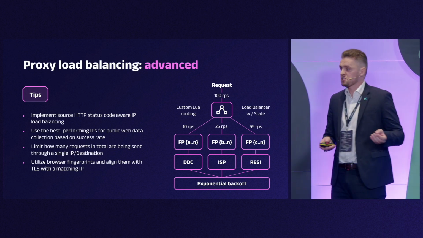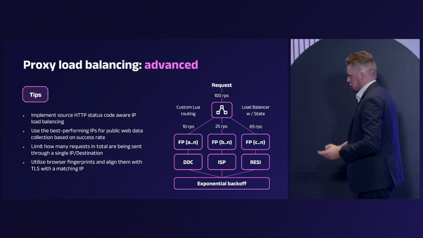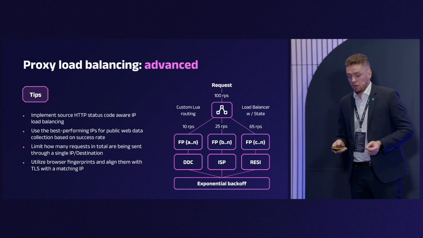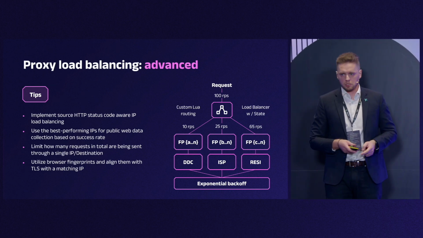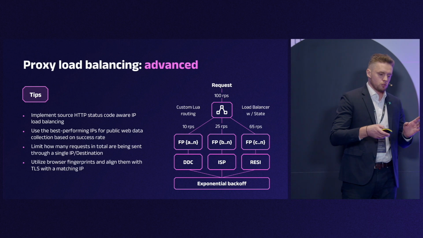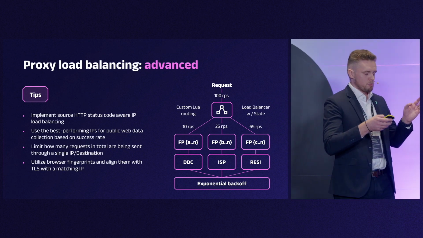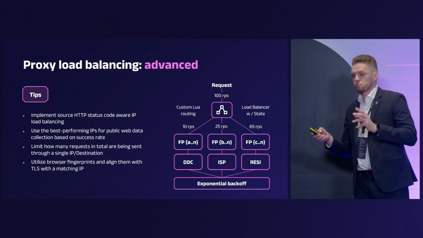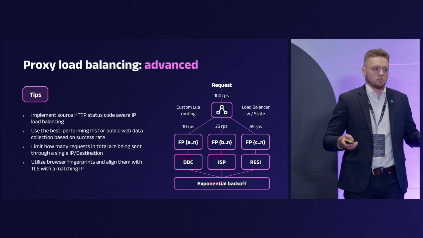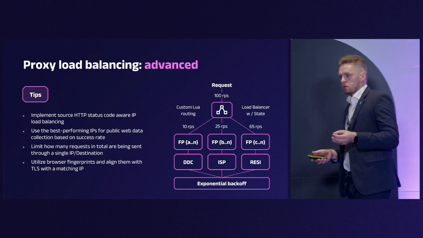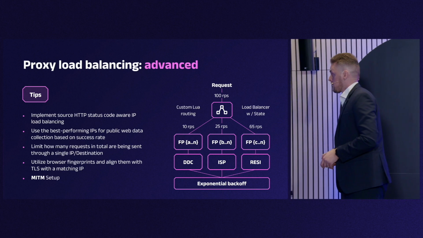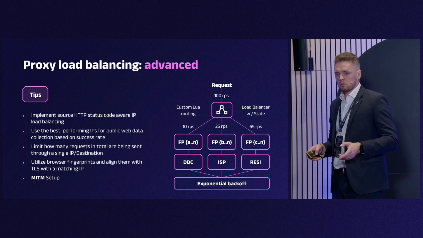Utilizing browser fingerprints and aligning them via TLS fingerprint is one of the hardest things to do right now. Setting up Puppeteer and using a simple Chrome user agent no longer works, because that's one fingerprint, and we want more advanced things. The magic ingredient here is mitm, or man in the middle.